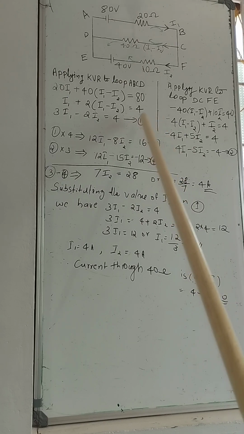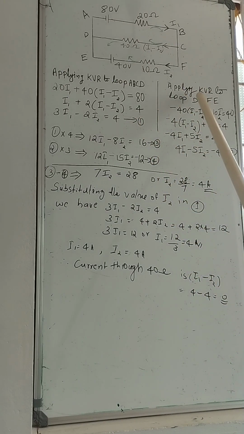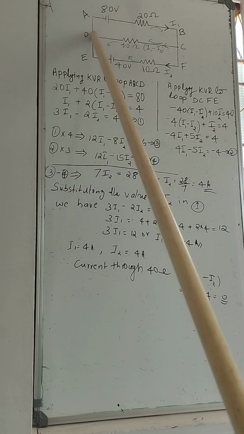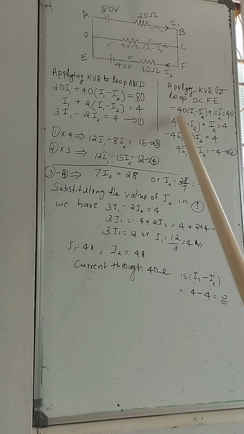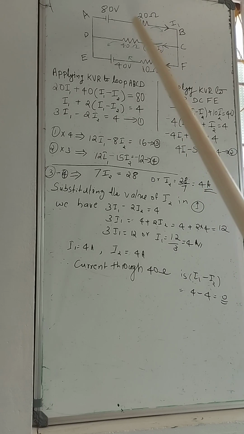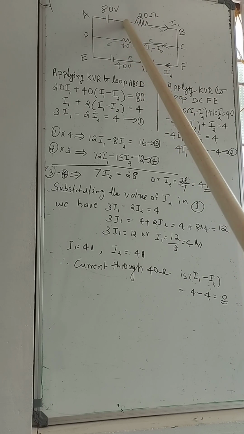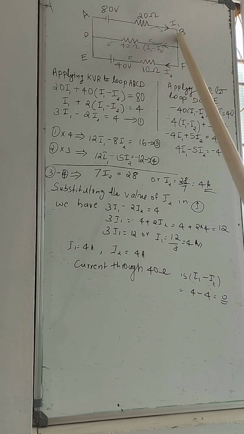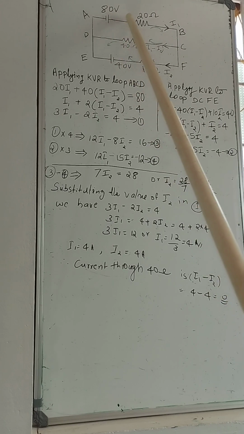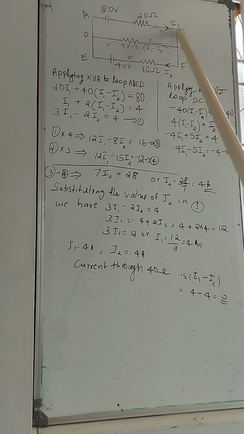Now applying Kirchhoff's rule to the other loop, D, C, F, E. Again the direction of current is important. First of all we have preferred the direction of current from the 80 volt cell, which is evident as the current flows in this direction.